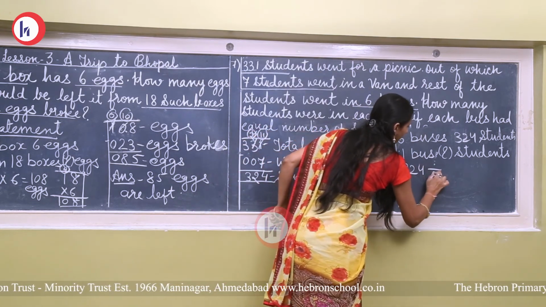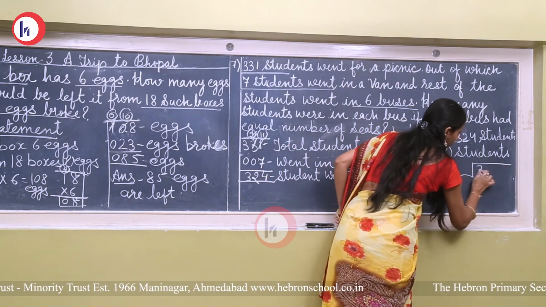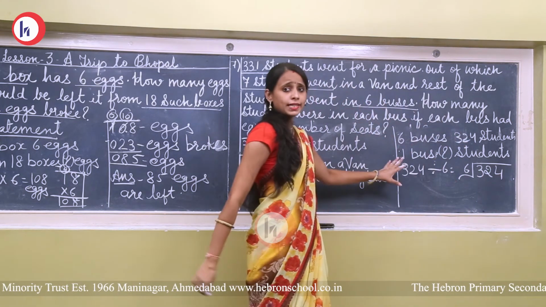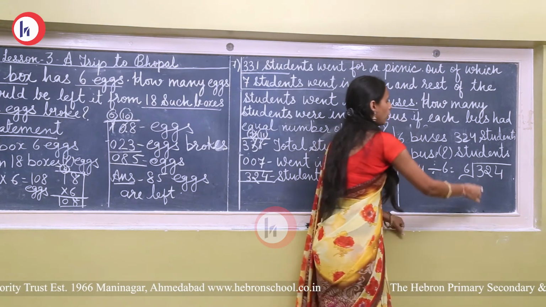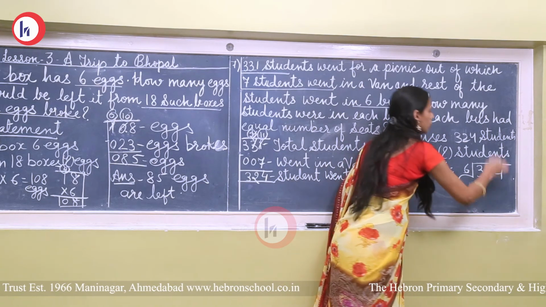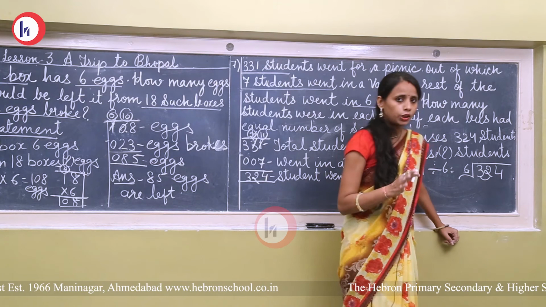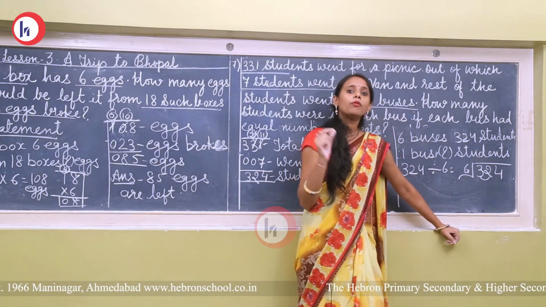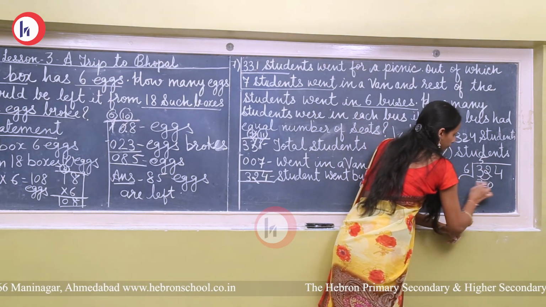324 divided by 6. Now see, here the first step is to look at the first digit. It is 3. So we can't divide it because it is less than 6. So take one more. It is 32. Now take the table of 6. In the 6 table, will 32 come? No. But in the 6 table, 30 will come at 5 times. 6 5s are 30.